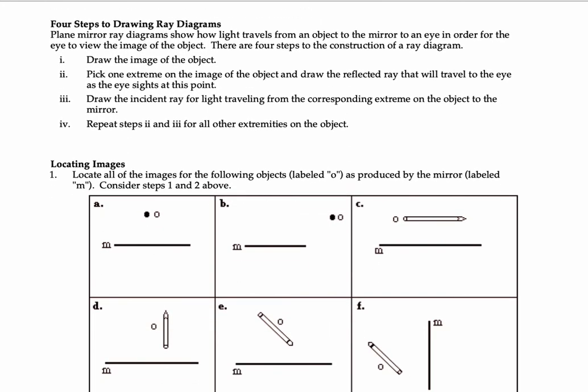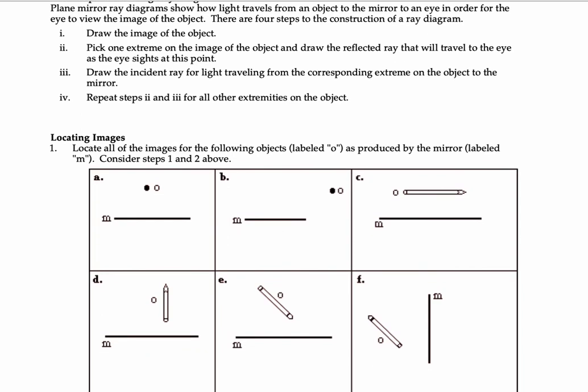On this first part, it's just saying locate all of the images for the following objects labeled O. So clearly the image is going to be somewhere equidistant from this side to this side. So we can measure this distance from here to here, and that'll be our object distance.